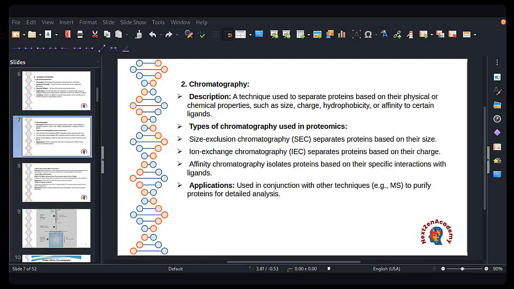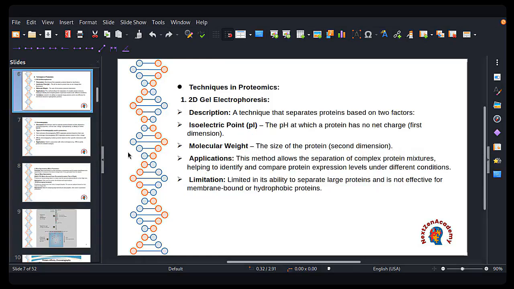Now we are reading chromatography. Proteomics, right. But I was talking about one more technique, gel electrophoresis. 2D gel electrophoresis. Okay. Now, I was talking about this slide, 2D gel electrophoresis.